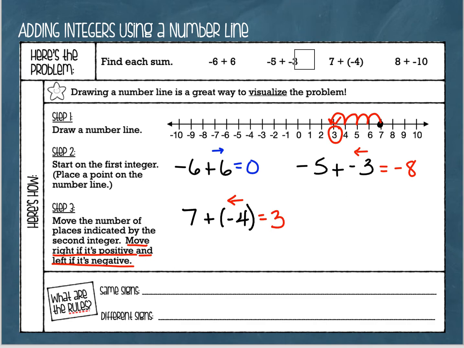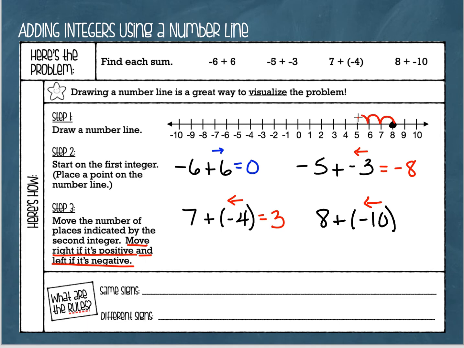And then finally, for our last example, we've got +8 plus -10. So I'm going to put my first point at +8, and we are moving to the left, right? Because it's a negative number. So from here, I'm going to go 10 to the left.